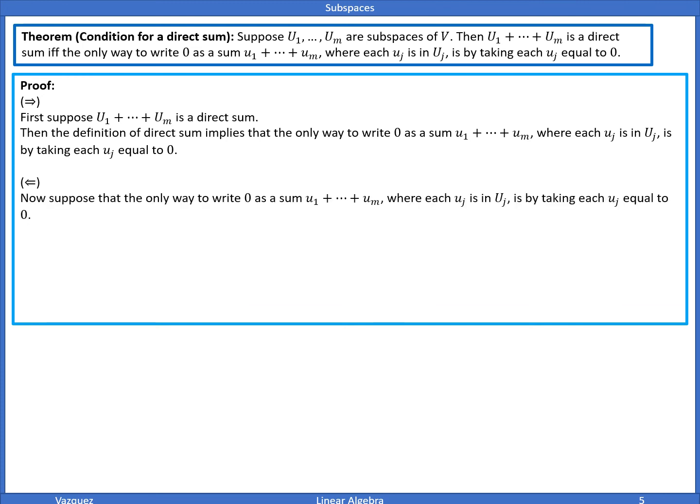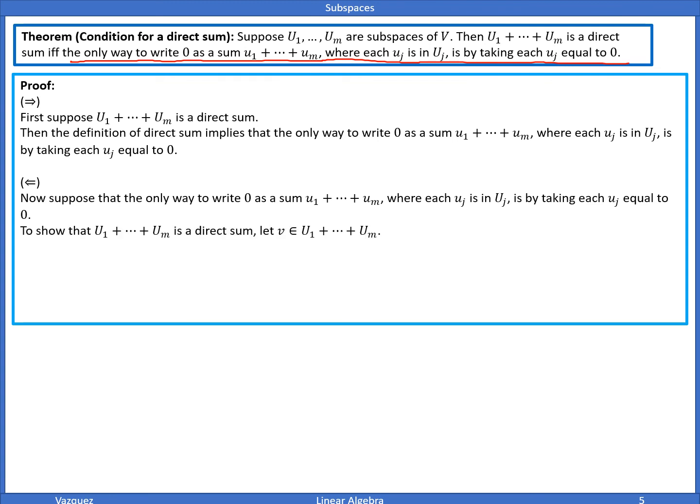The other direction is a bit more work, but not too hard to follow either. So now suppose that the only way to write 0 as a sum u1 all the way to um is by taking each uj equal to 0. Right, so now we're assuming this up here, and we're going to show that it's a direct sum.